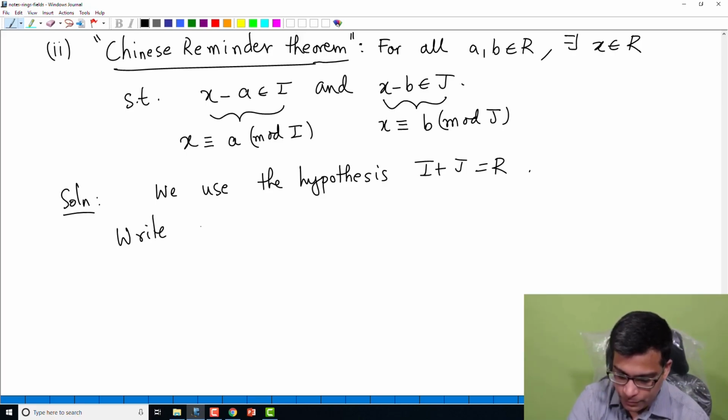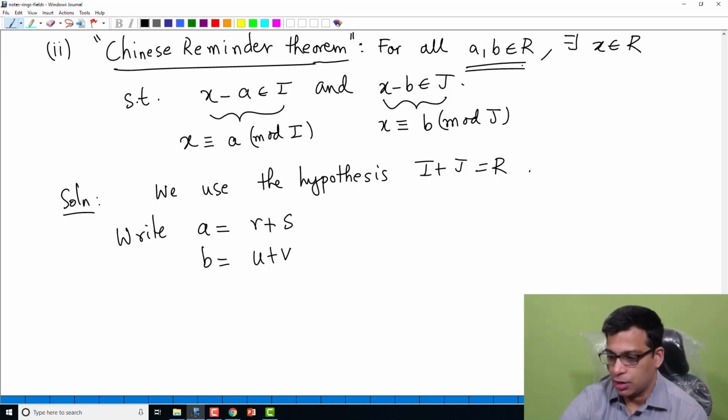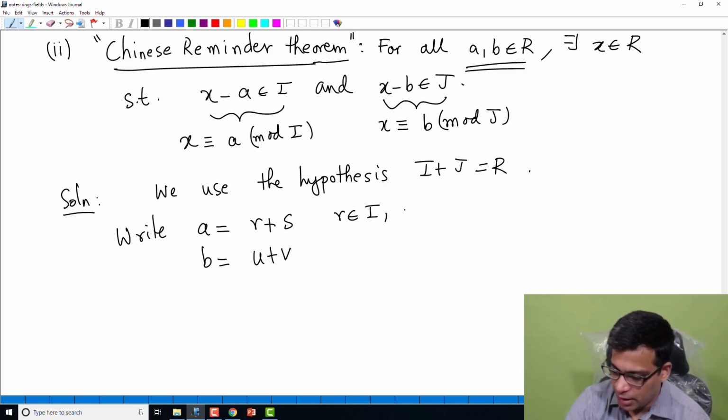Write a equal to r plus s, b equal to u plus v, where r is in I, s is in J, similarly u is in I, v is in J.